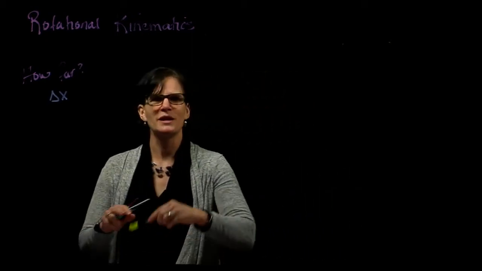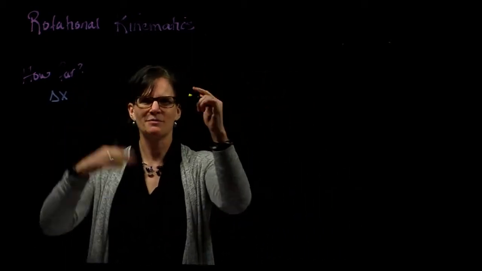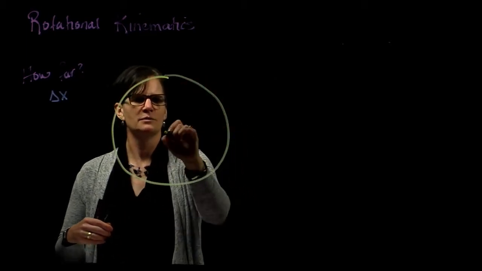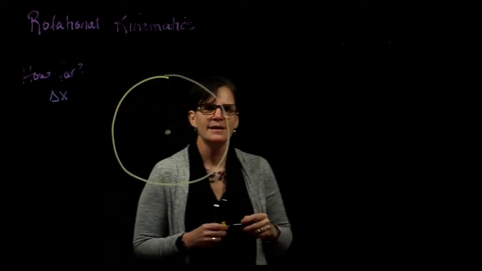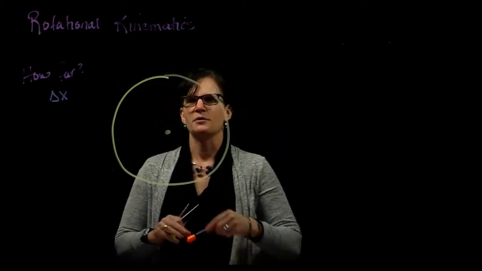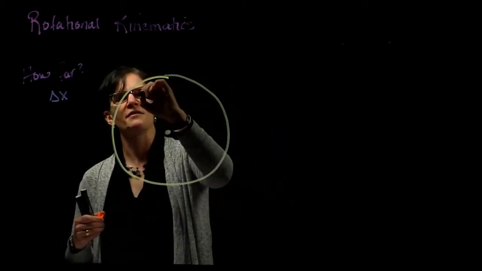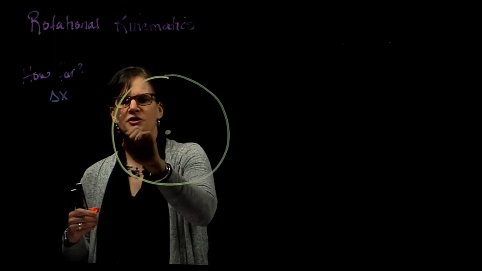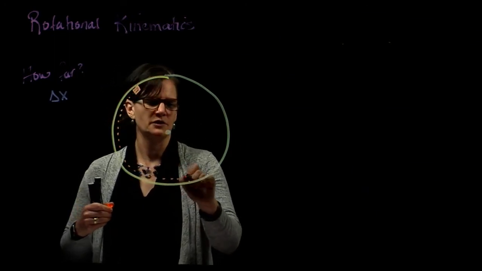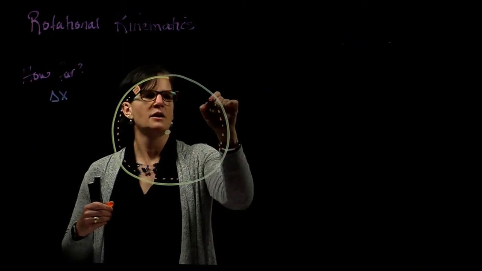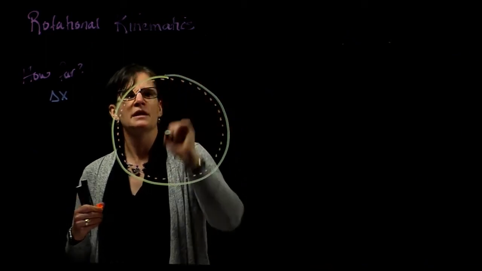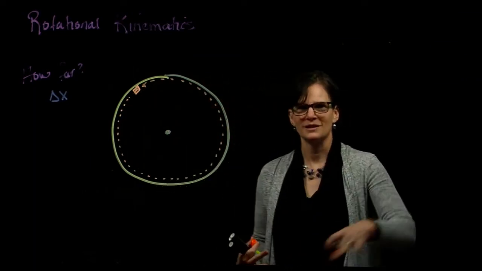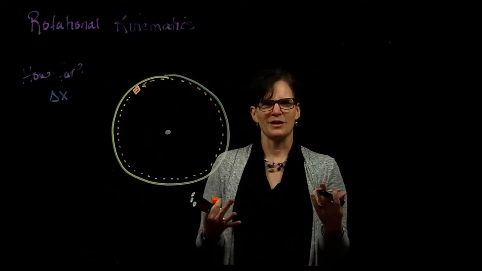So if we imagine a turntable, I'm going to do kind of a top-down view of a turntable. So here's our turntable. All right, it's rotating about an axis at the center. And an object is spinning around on this turntable. So let's say we have a nice little square right here. And if I were to map its trajectory as it rotates around the turntable, if I talked about how far something is rotating around this turntable, how might we answer that question?